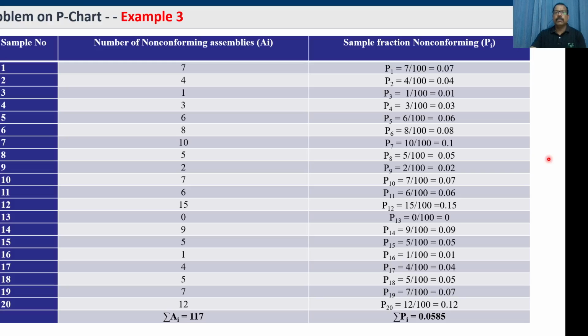Each subgroup has 100 samples, so 7 divided by 100, 4 divided by 100, 1 divided by 100. So you got the values P1, P2, P3, P4 up to P20. The summation is available here, and the total number of defectives you also calculated from here.